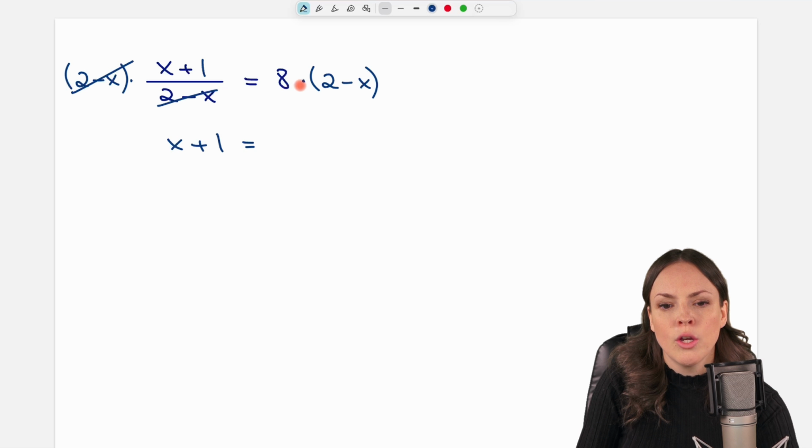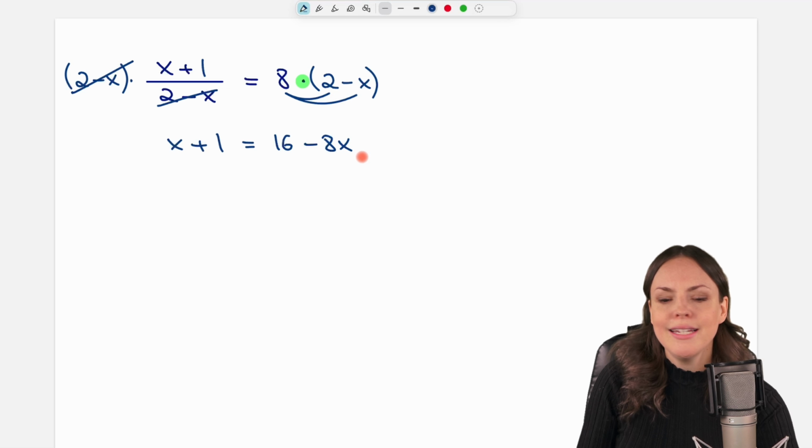And on the other side, we can multiply here already, so 8 times 2 and 8 times minus x. 8 times 2 equals 16. 8 times negative x equals negative 8x. Okay, it's getting easier and easier.